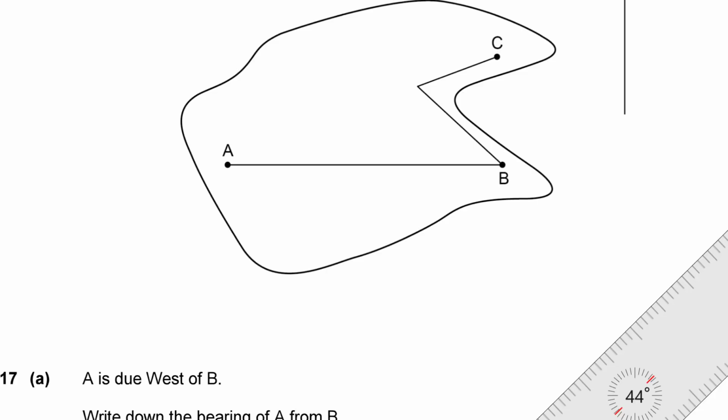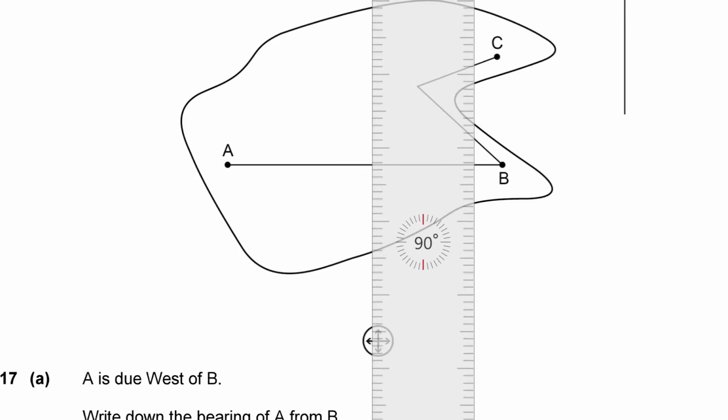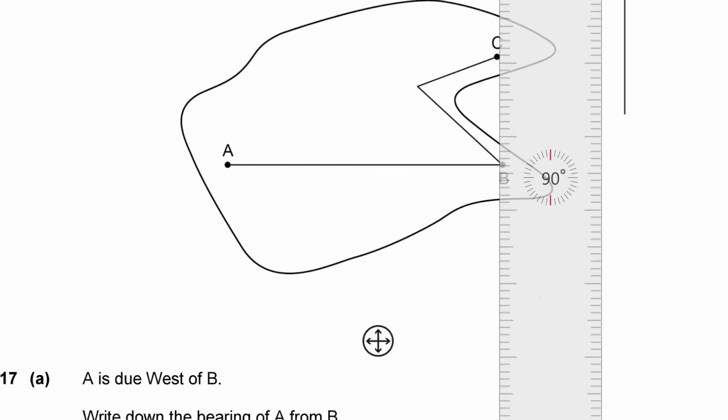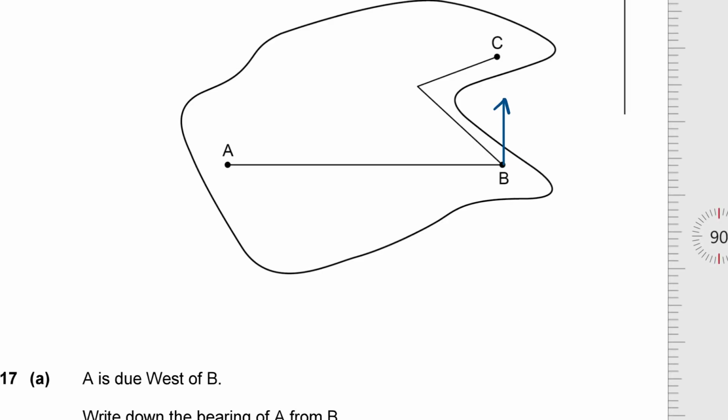So we're starting from B. If we draw a north line at B, because that's where we're setting off from. So north line is just a line going straight up in the same direction as the other north line I've been given. Then the bearing is always given clockwise from that north line.